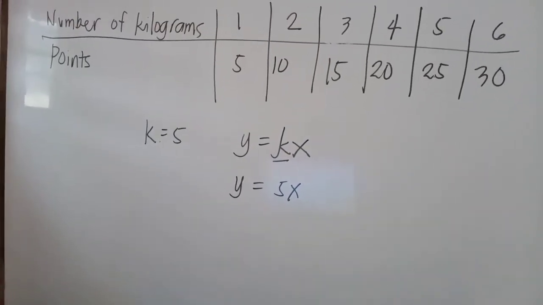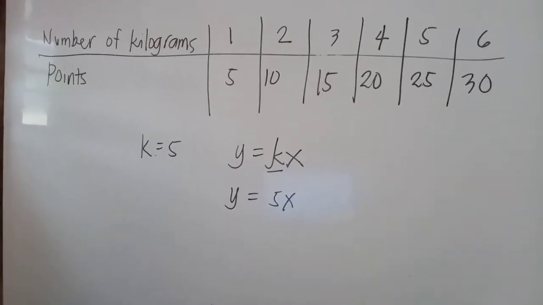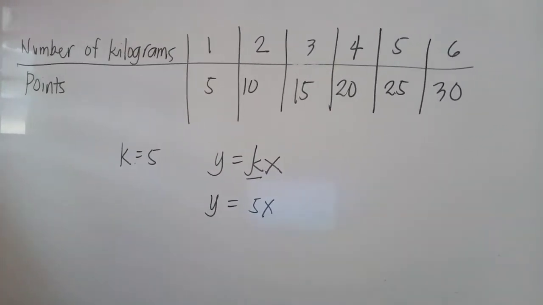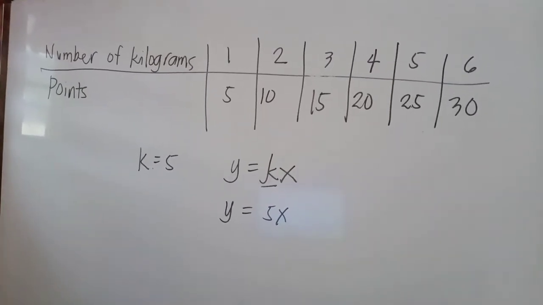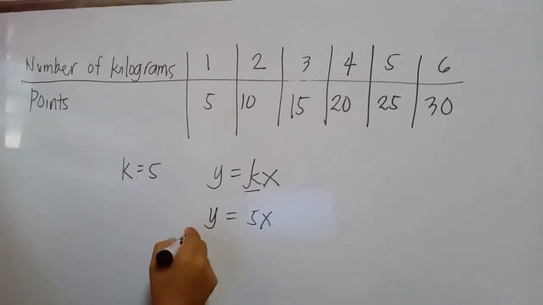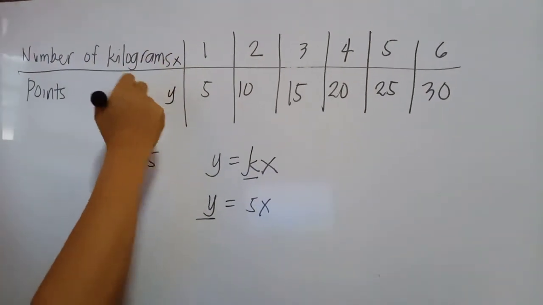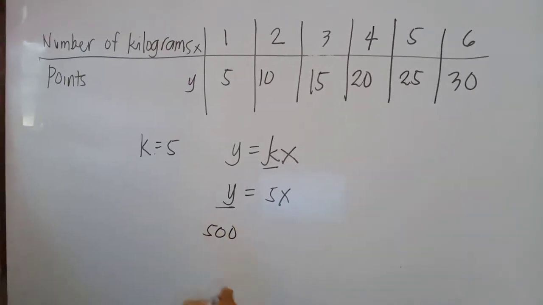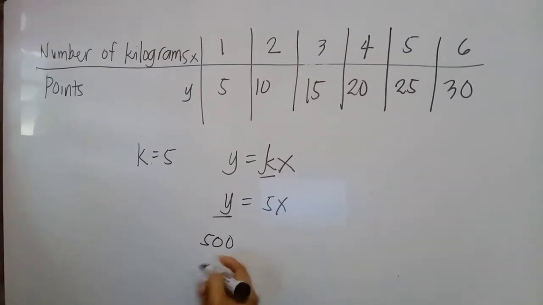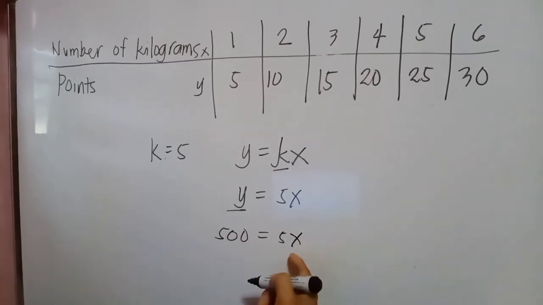Since earlier we were asked how many kilograms are needed for them to have 500 points, if this is the x and this is the y, then 500 will be for y. We substitute: 500 is equal to 5x, where x is the number of kilograms.